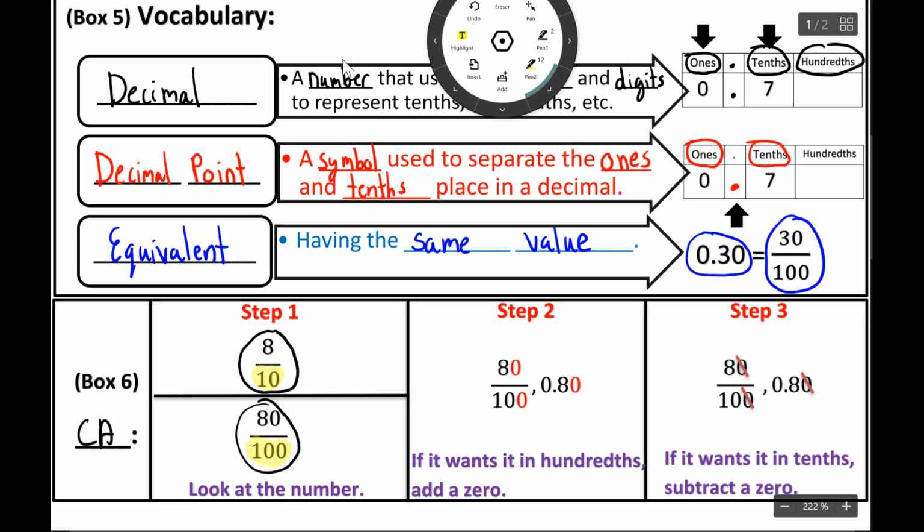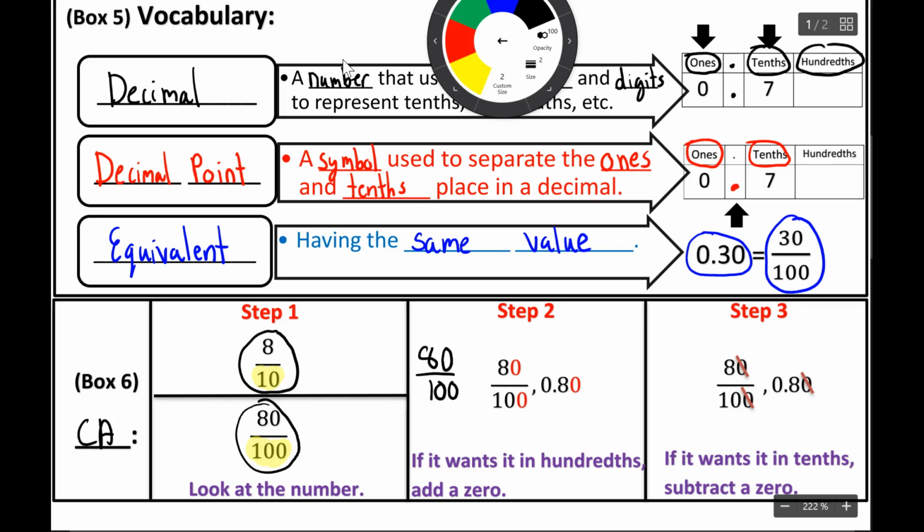Remember, we look at the denominator, right? And that's what kind of helps us out as we go into our next step, which is step 2. And step 2 says if it wants it in hundredths, then I add a 0. So for example, if it wants it in hundredths, I would have 8/10, right? And then I would just simply add a 0, okay? But I need to add a 0 right here to the numerator and a 0 to the denominator.